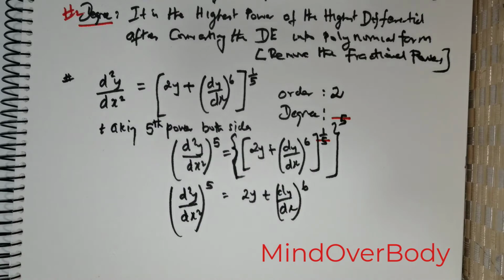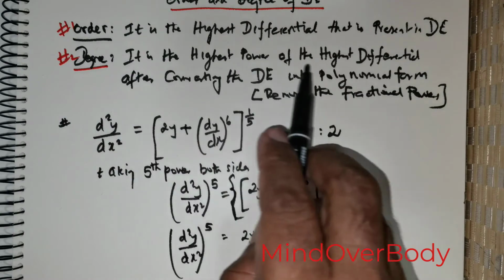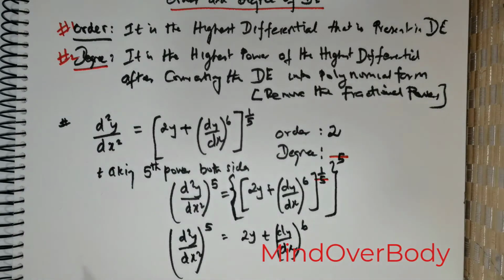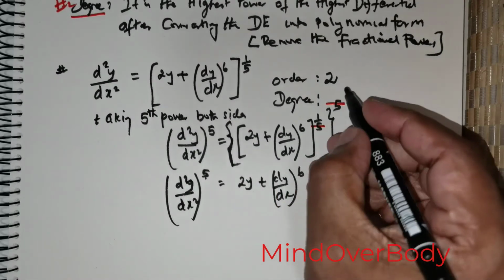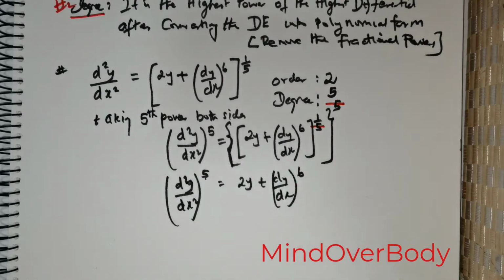So what does the degree state? It is the highest power of the highest differential. This is the highest differential. So what's the degree? The degree is 5. So that is the solution for this question, students.